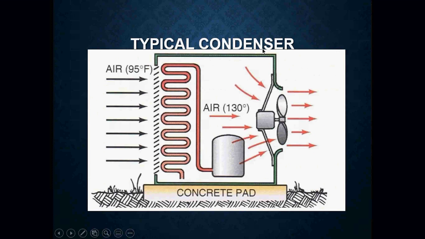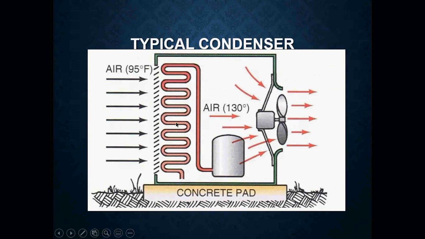Okay, so here is a typical air-cooled condenser. So here is our discharge line coming out of our compressor. It's coming to enter into our condenser as a high pressure, high temperature, highly superheated vapor. So as air is passing over that coil, I am now cooling off the refrigerant that is inside my condenser. And as I do that, it begins to lose heat.